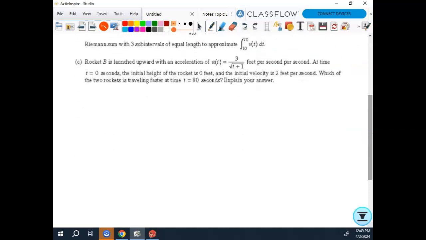So on A here, make sure I'm looking at the right one. The acceleration is approximately v of 80 minus v of 0 over 80 minus 0.